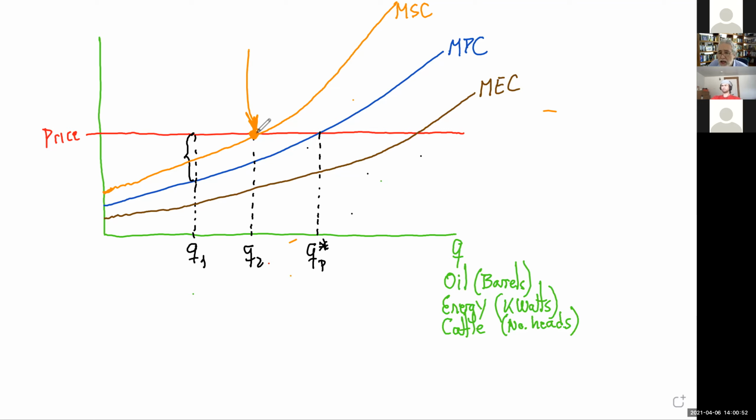So what I am inviting you to do is create these curves with the most accessible data that you have.